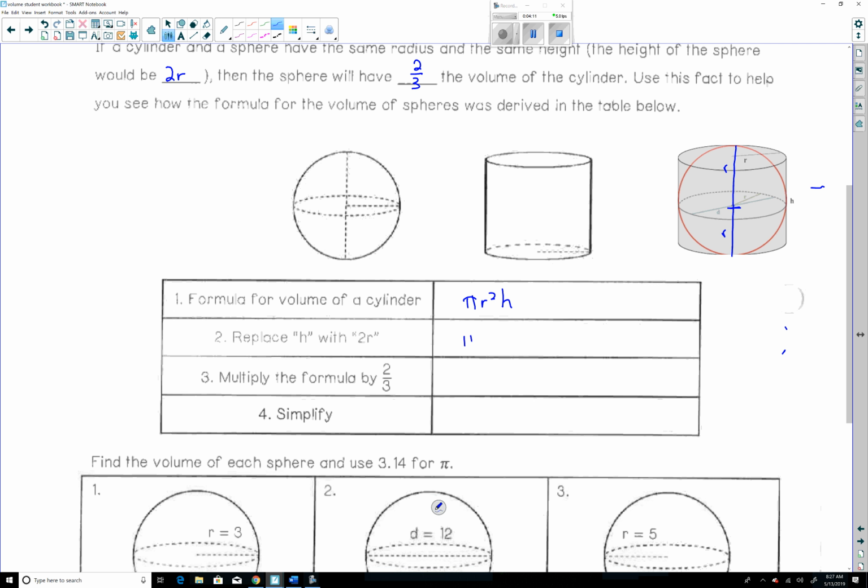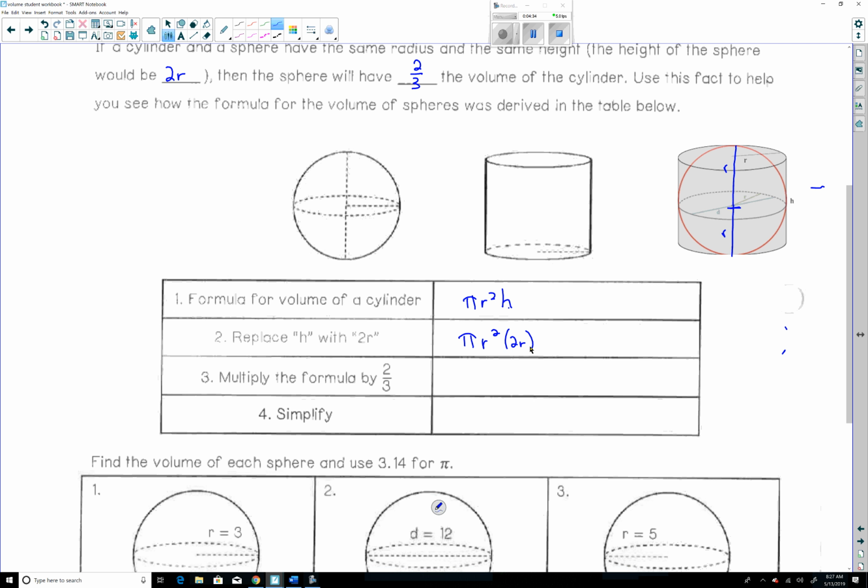So instead of writing an h here, we're going to say it's 2r, 2 radius. Then we're going to multiply the formula by 2/3 because the volume of a sphere is 2/3 the volume of a cylinder.